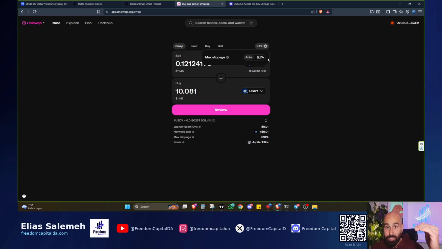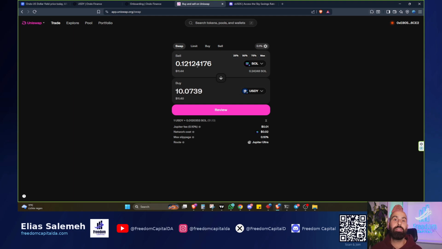But keep in mind, the higher the slippage, the higher the loss that you're going to take in order to make this transaction. So if I'm swapping 100 USDC into USDY, I'm not going to get the equivalent of $100 in USDY if the slippage is too high and liquidity is too thin.